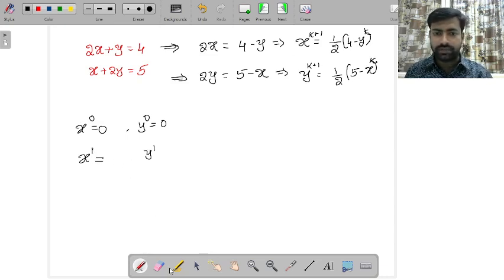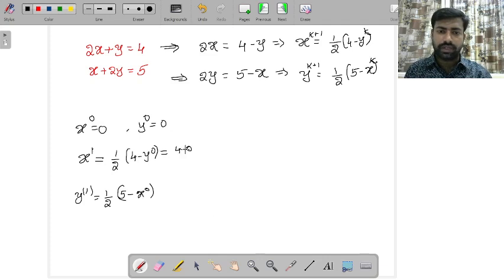So let us write the formula first. x1 equal to 1 by 2 into 4 minus y naught, and y1 will be given by 1 by 2 into 5 minus x naught. Now you substitute 0 and 0 here, you'll get 4 minus 0 by 2, which is 2, and similarly this is 5 minus 0 by 2, this is 2.5.